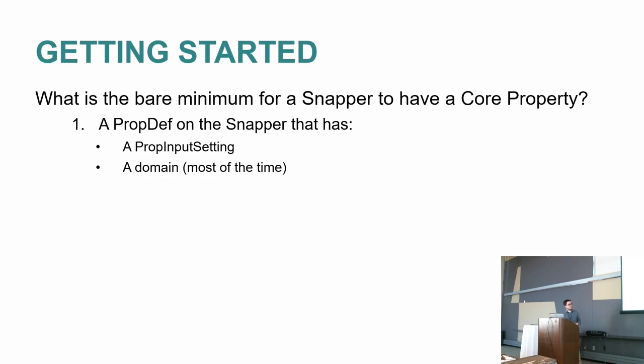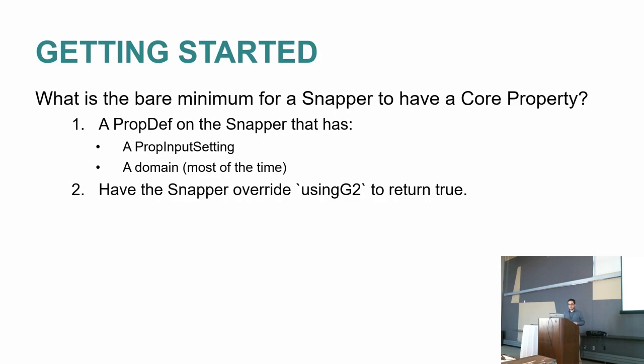For instance, if you provide a double without a domain, it'll just give you an input field. So most of the time, you'll probably want to fill that out unless you want to deal with the assumptions that are made down in core. And then the second one is to override the using G2 method. That's it. That's all you need.